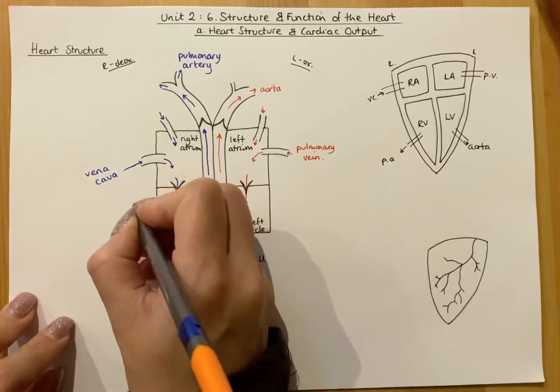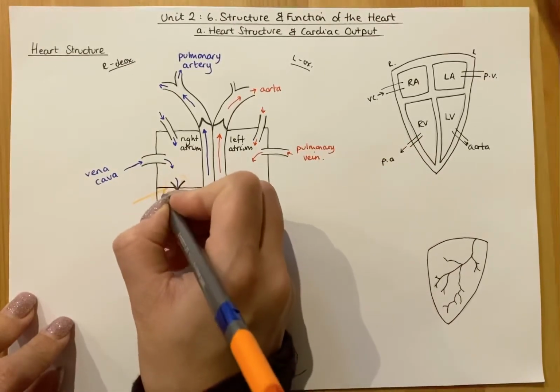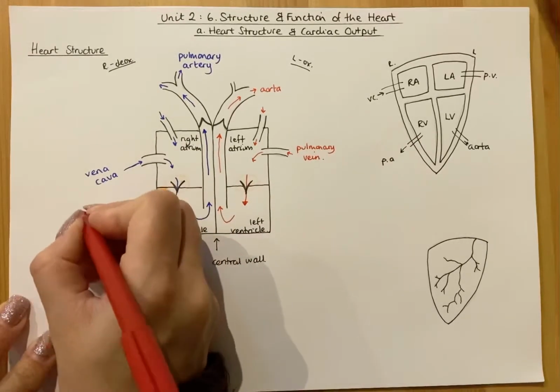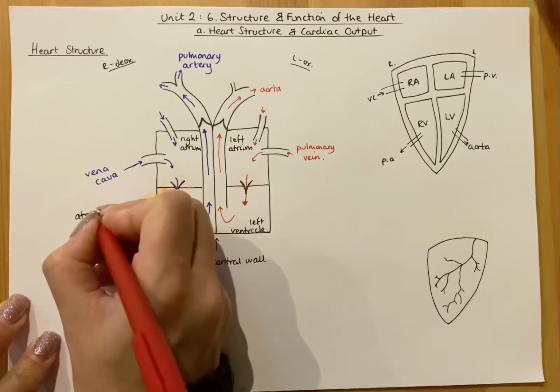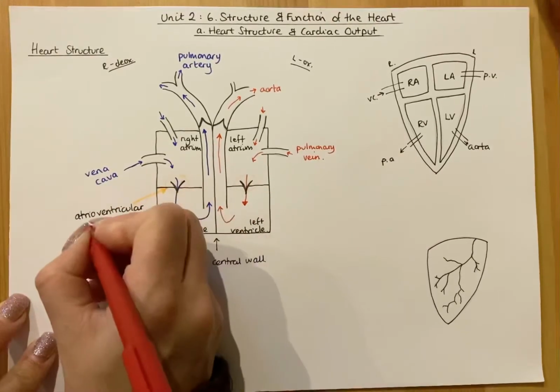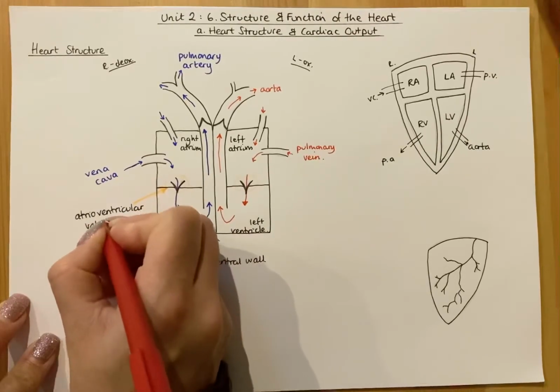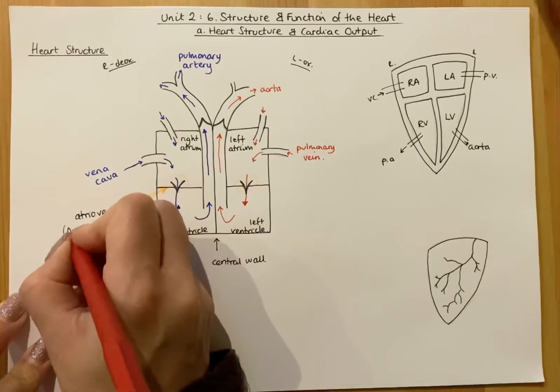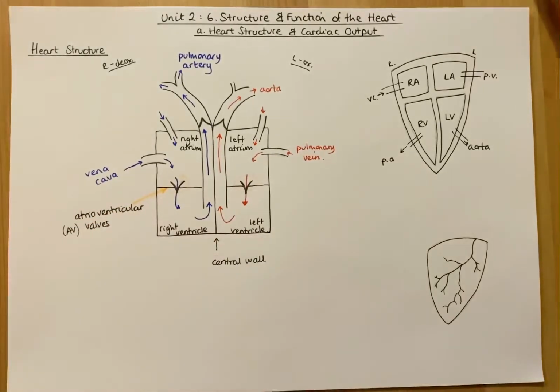So this valve here and this valve here are what's known as the atrioventricular valves, because they're between an atrium and a ventricle. Okay, they're sometimes shortened to AV valves, and you can absolutely use that as an answer in an exam.